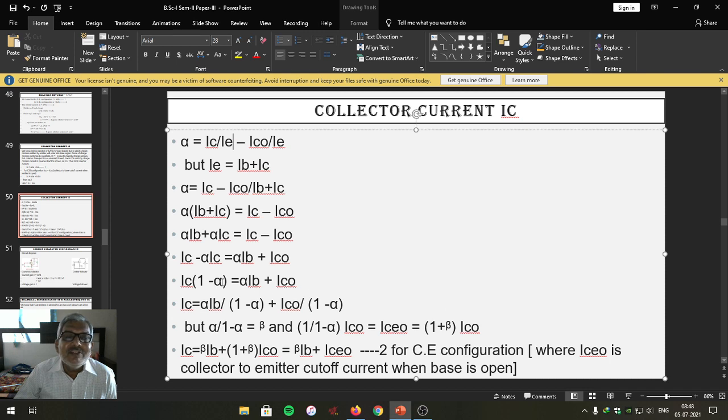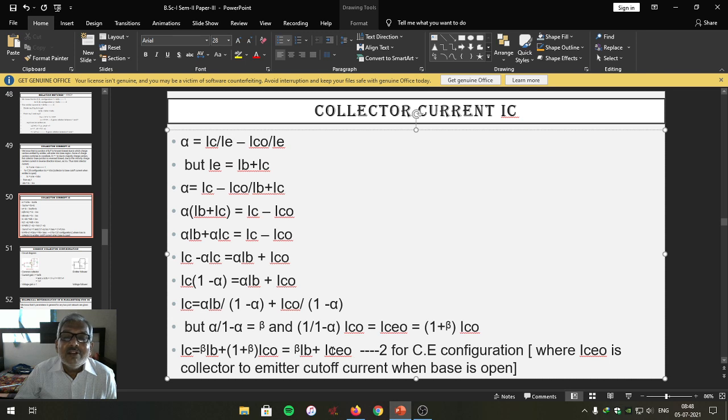By putting these in this equation, we can write IC is equal to beta IB plus 1 plus beta times ICO. 1 plus beta times ICO is ICEO. This is equation number 2 that represents the collector current contributed by the BJT in common emitter configuration, where beta is the current gain of BJT in common emitter configuration.